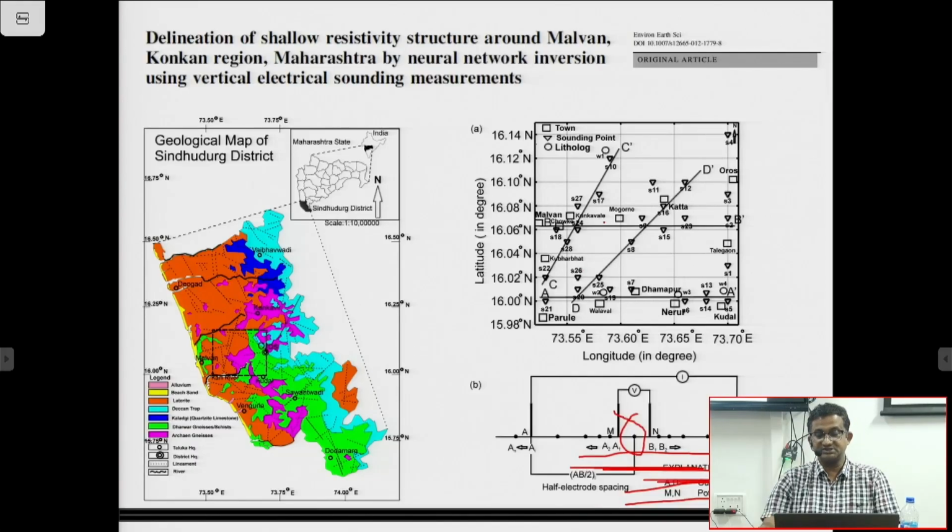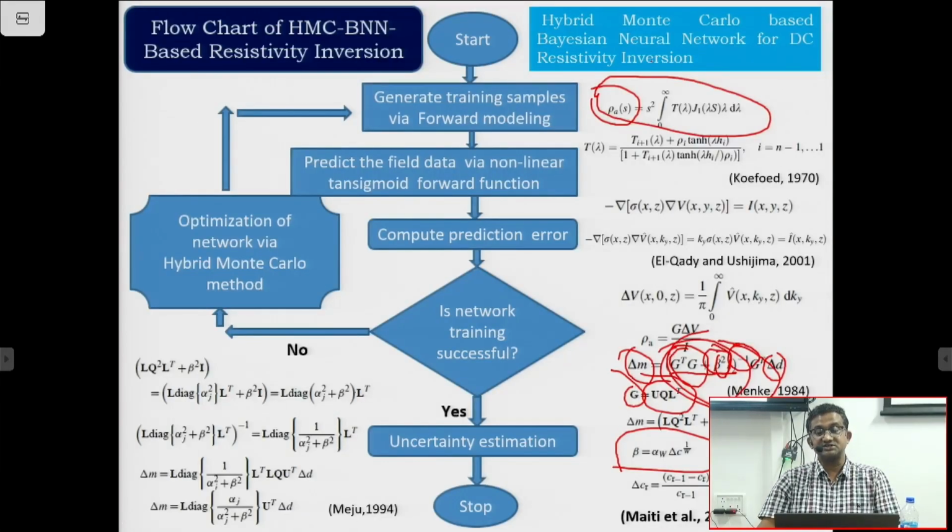Once you use this relationship theoretically, it will give the computed value. And this rho A is compared to the other rho A data set, what is there in the table.